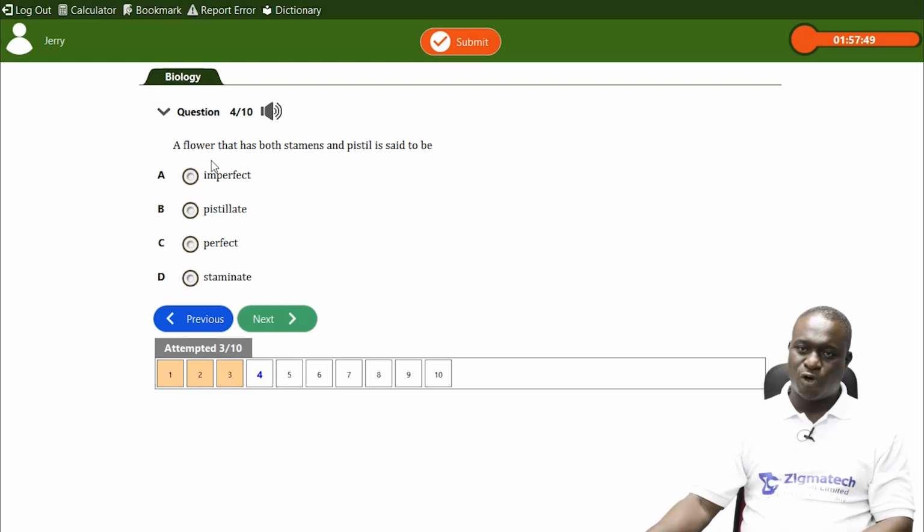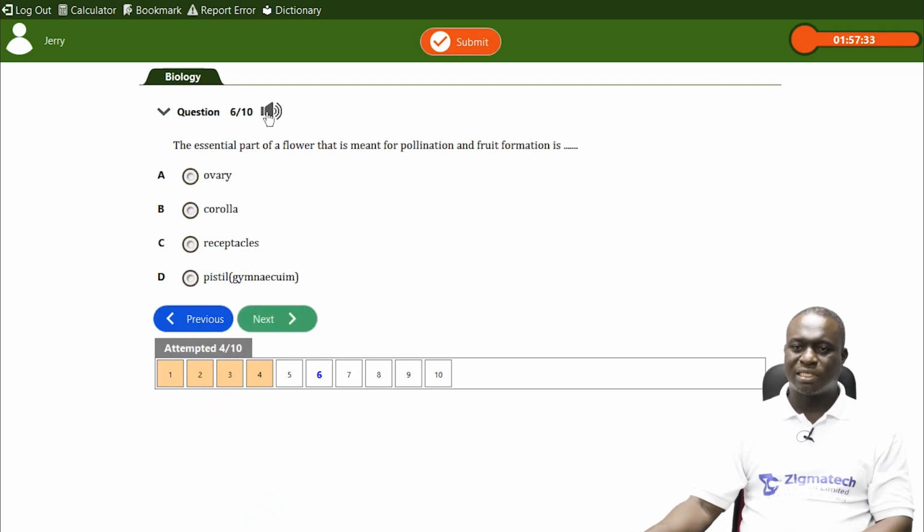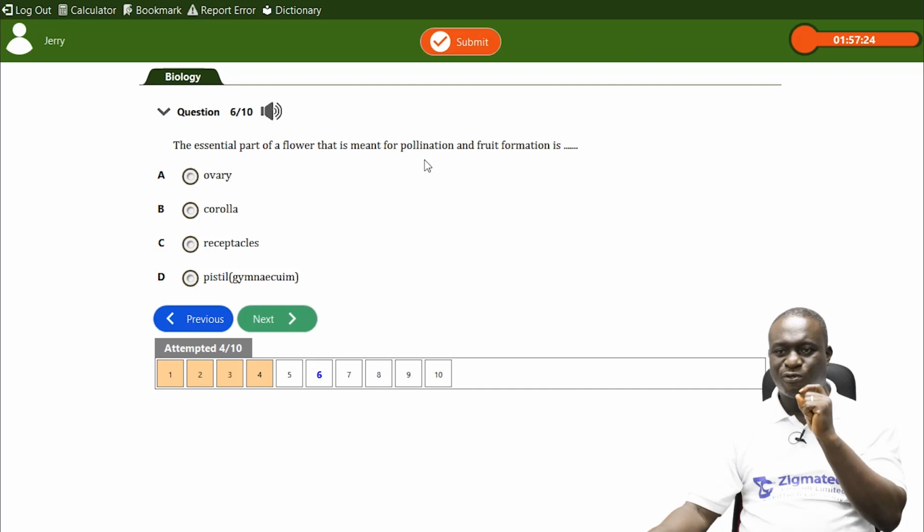Look at this, number 4. They said a flower that has both stamens and pistil. Of course, we said it is a perfect flower. Take a look at this structure. Now, they said the process of pollination. Okay, we've not talked about pollination. They said the essential part of a flower that is meant for pollination and fruit formation. Listen to that. Fruit formation is not just the ovary.